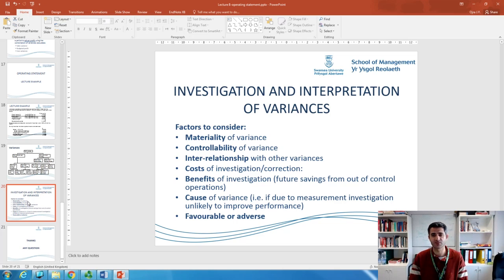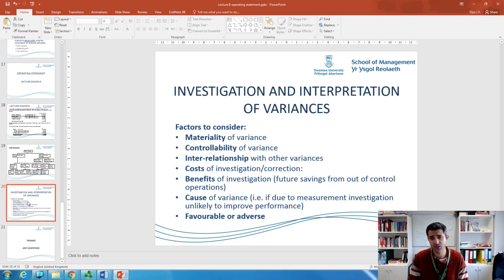But think about it: if there is a variance of £10 or £20 or £30, is that worth investigating? Not really, because we need to look at the cost-benefit relationship. Does the cost exceed the benefits, or do the benefits exceed the cost? That's another factor we need to look at. We also need to look at the cause of the variances.